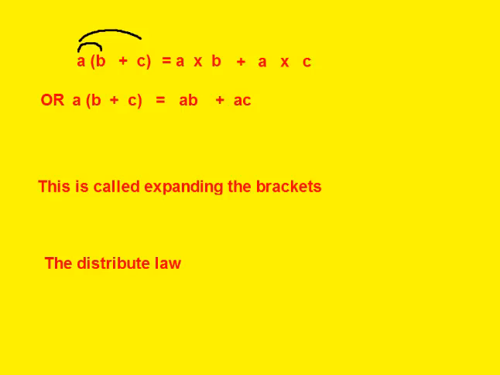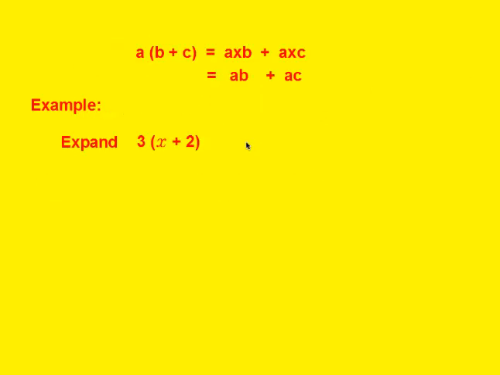So let's look at an example. There's the rule again written at the top for you. Now, 3 brackets x plus 2. First of all, we're going to multiply 3 by the x. Then we're going to multiply 3 by the positive 2. Positive 3 times positive 2.